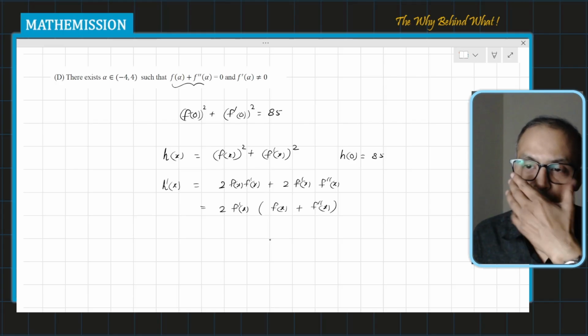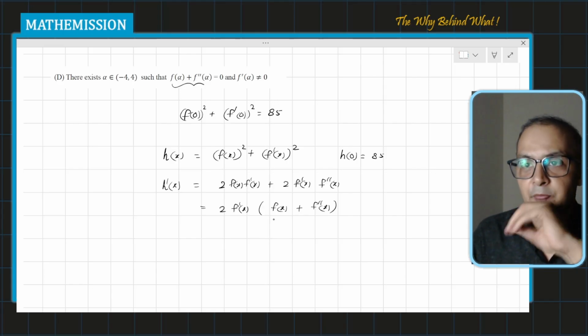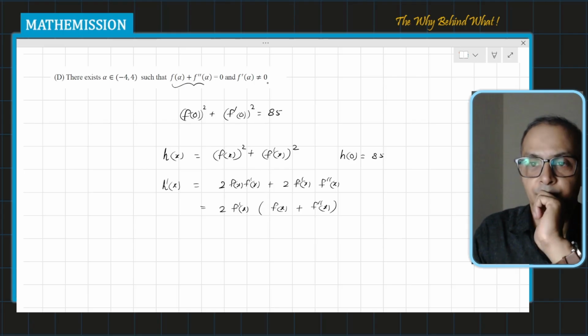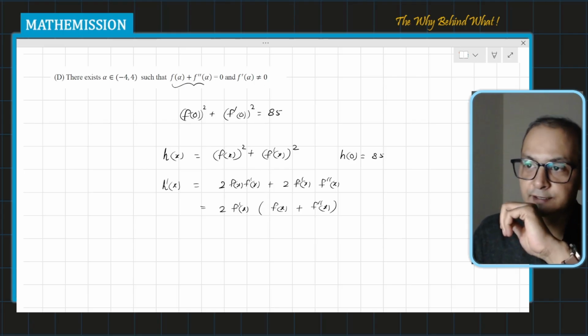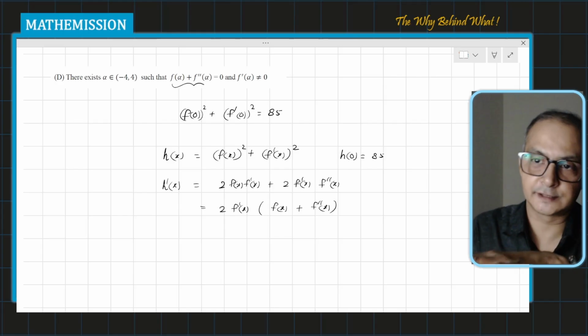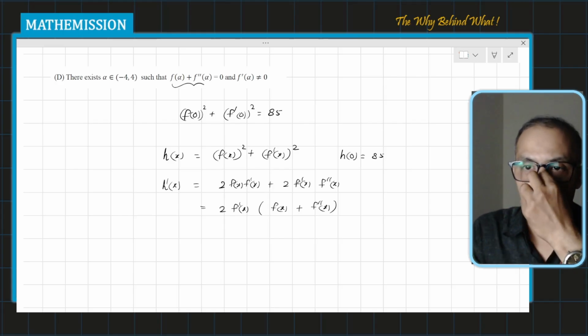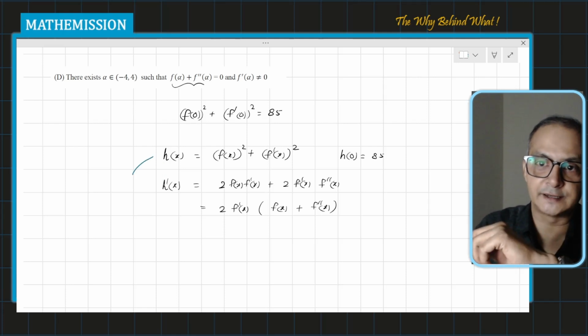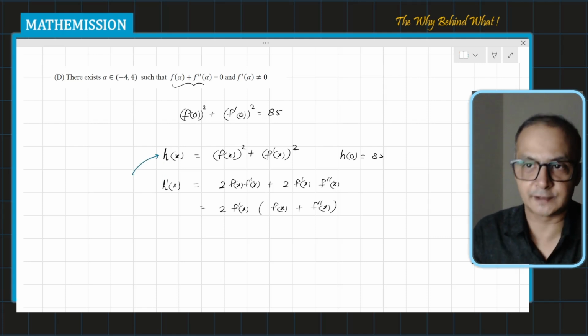Now the idea is that how it can be 0 if f dash alpha not equal to 0. Now you notice that this is inviting us to implement the concept that hx function is attaining either maxima or minima somewhere between negative 4 and 4.